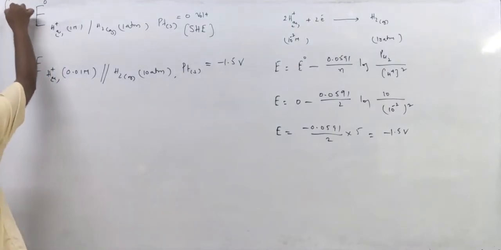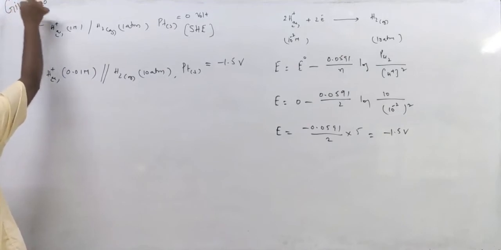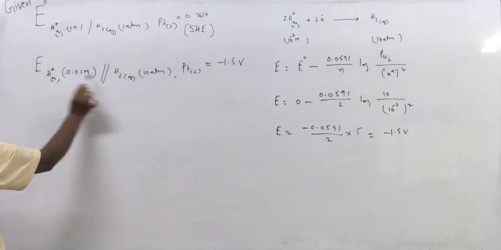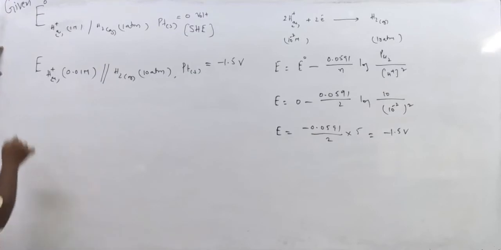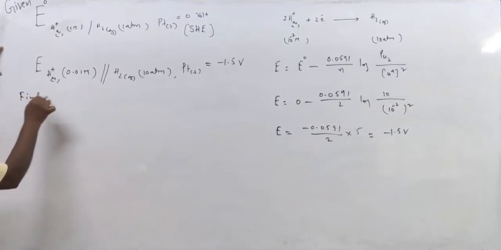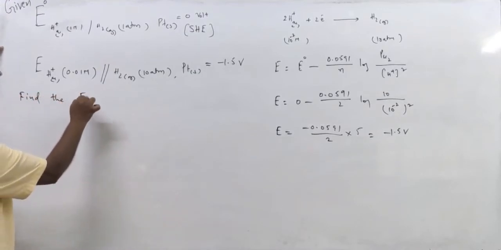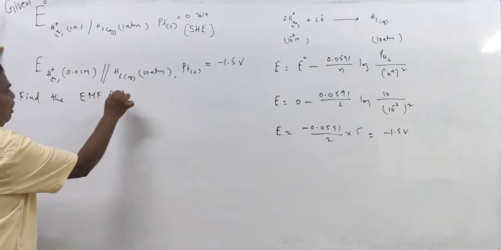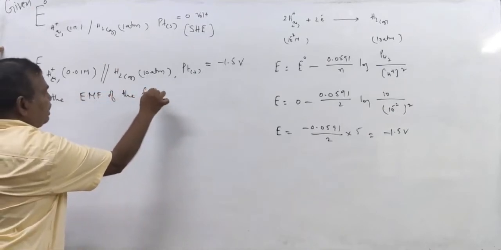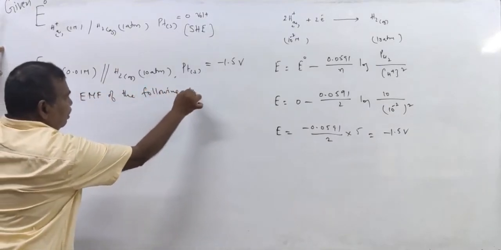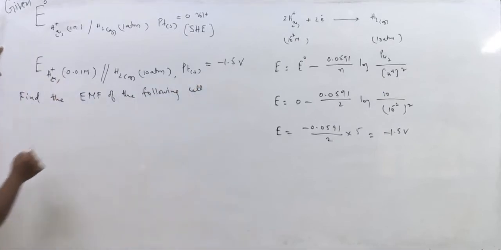Now, another question. Given the E naught value and E value, find the EMF of the following cell.